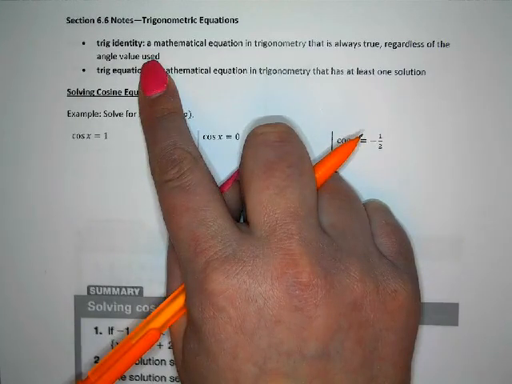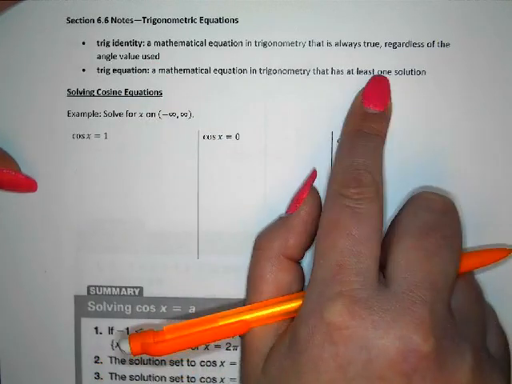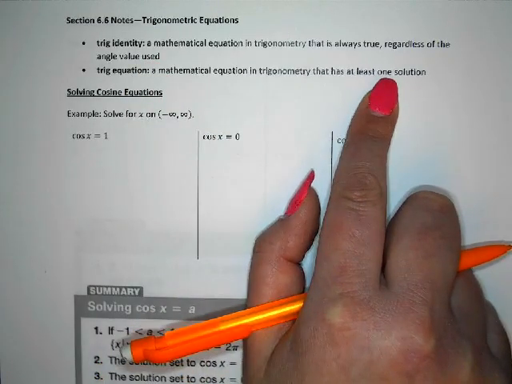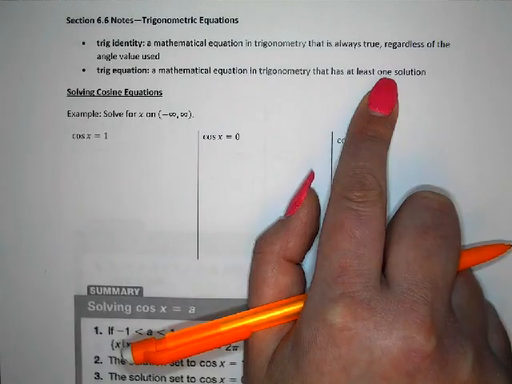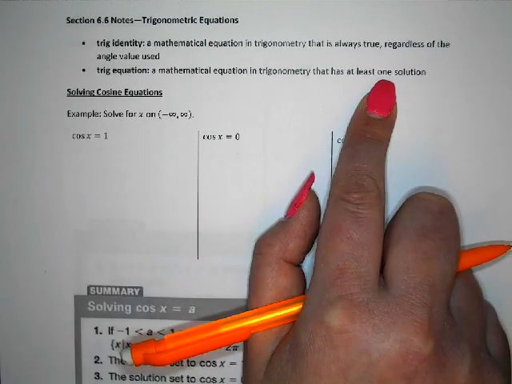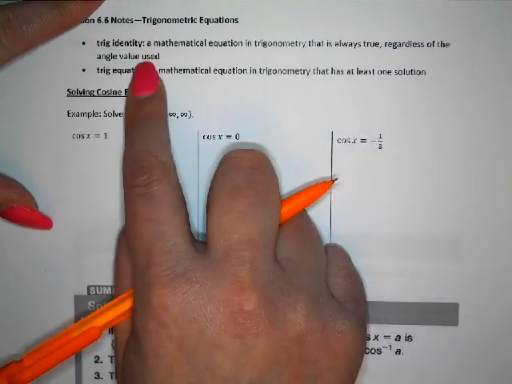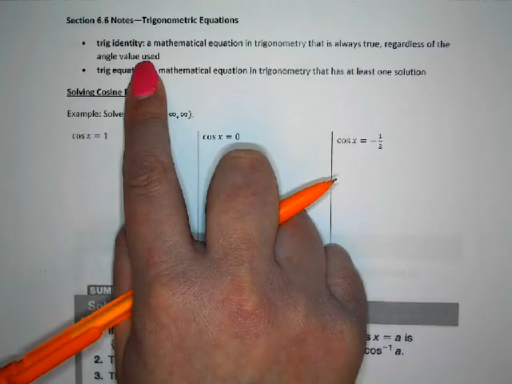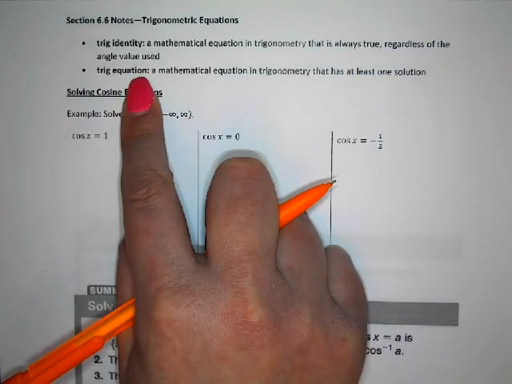A trig equation has specific solutions, maybe one solution, maybe several, and if it has several solutions, they would have a specific relationship. They would be coterminal to each other. With a trig identity, any angle could be used. In a trig equation, there would be some angles that just would not work.